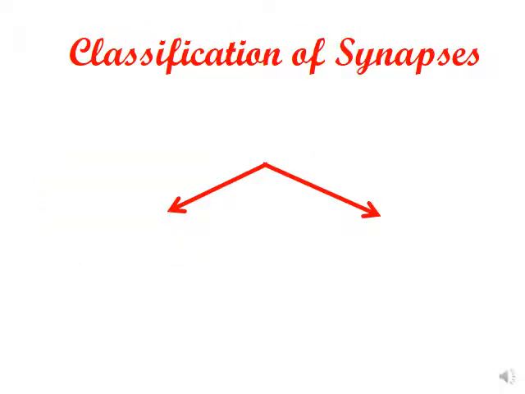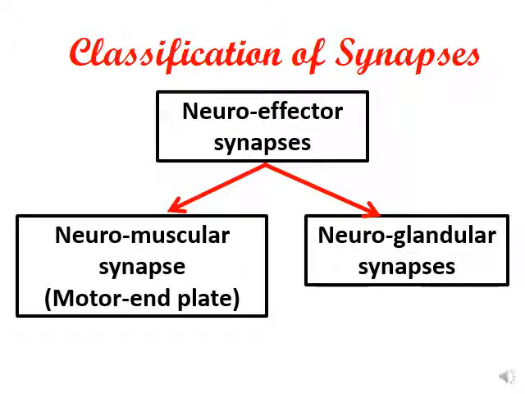So as I said, neuroeffector synapses are divided into two types: either neuromuscular, called the motor end plate, or neuroglandular, between a neuron and a gland.